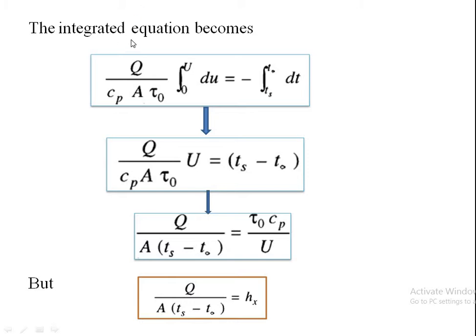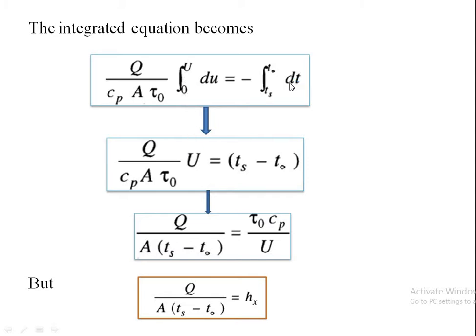Now here the integrated equation becomes q divided by Cp multiplied by A multiplied by tau naught, integration of velocity with the limits 0 to u, where this u is nothing but mainstream velocity, is equal to minus of integration of temperature with the limits Ts to T naught, where Ts is the surface temperature and T naught is the mainstream temperature. So integration of du will get as u, and if you put the upper limit minus lower limit, we will get the u only.